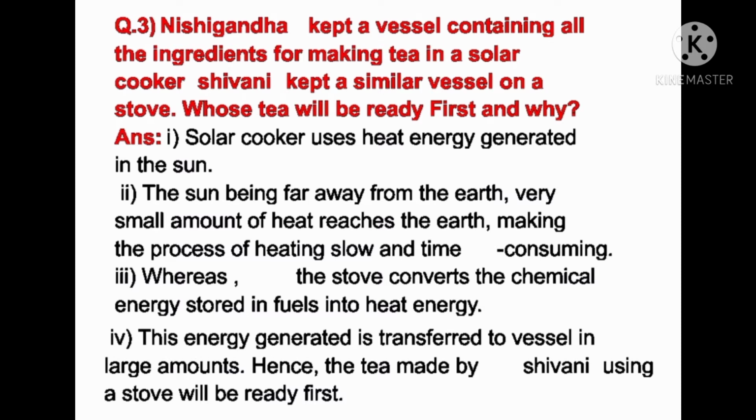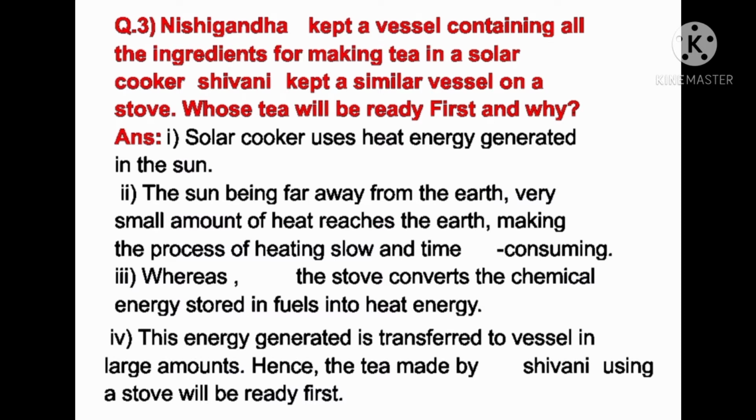The sun being far away from the earth, very small amount of heat reaches the earth. Yes students, the sun is very far from the earth and the sun's heat will be used for solar cooker. So, making the process of heating slow and time consuming. So, the sun's heat will be a very slow process for making the tea.